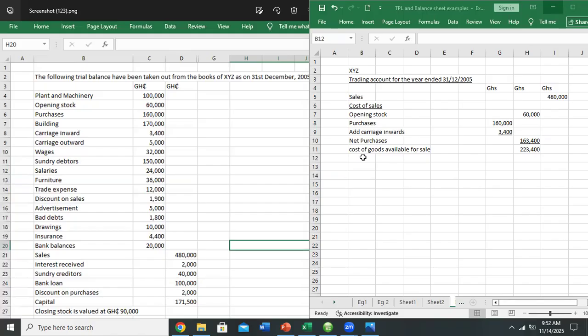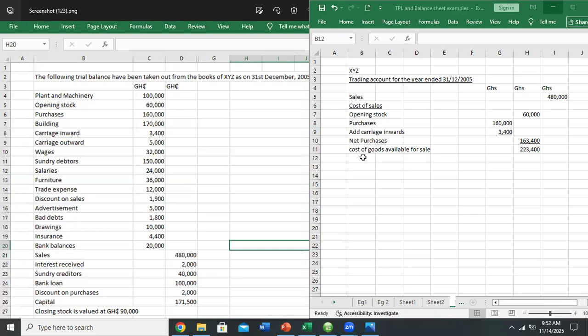Okay, well noted. Professors, any comment on what Bright stated just now, that we are also supposed to less the carriage outwards from the purchases? Prof. Portia.